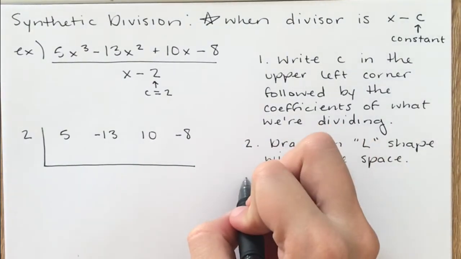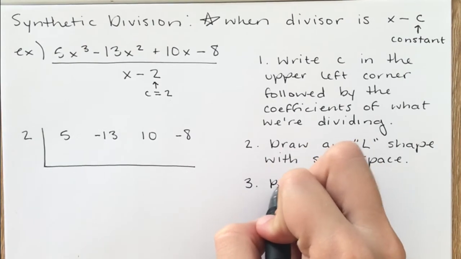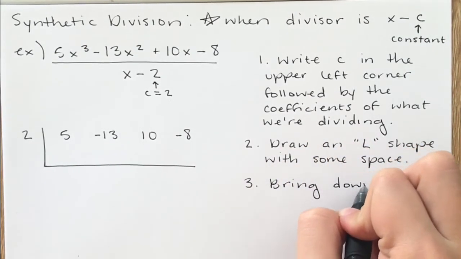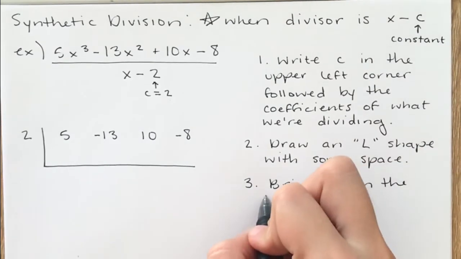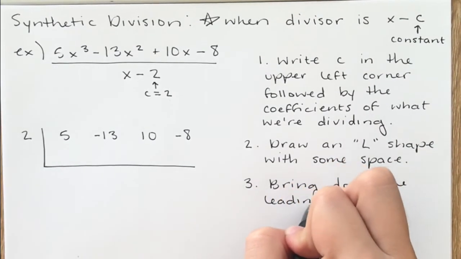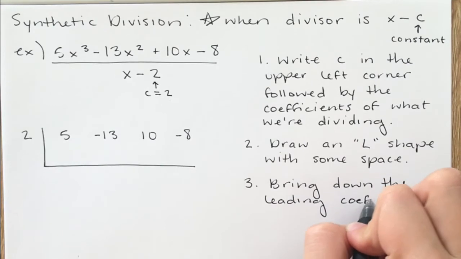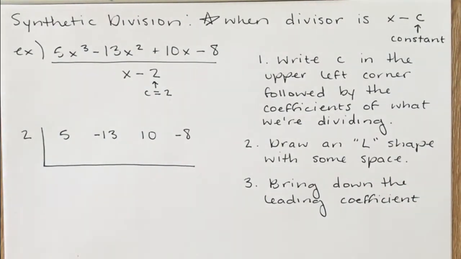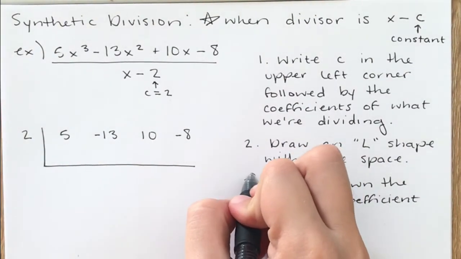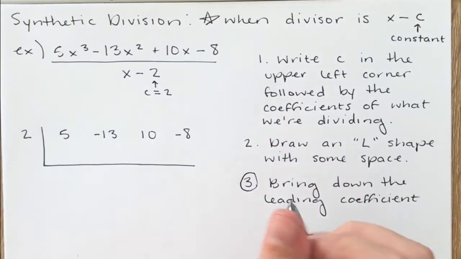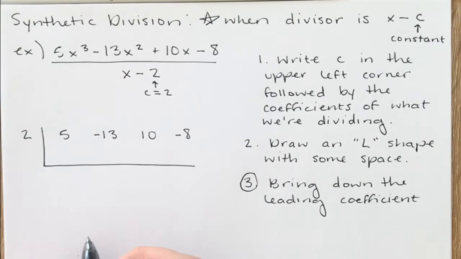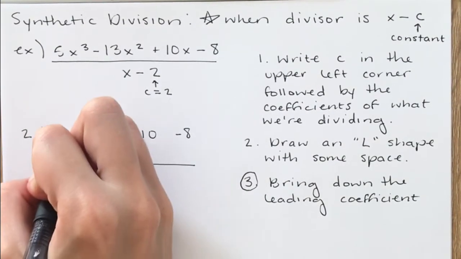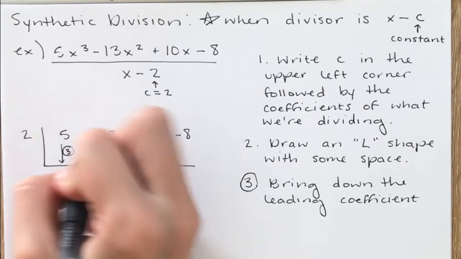All right, step 3, we bring down the leading coefficient. Now I'm going to write some of these steps with these circled, so that I can point out where we're doing that. So bringing down our leading coefficient, this is step 3.